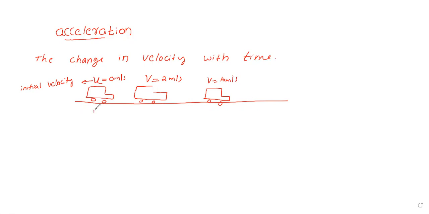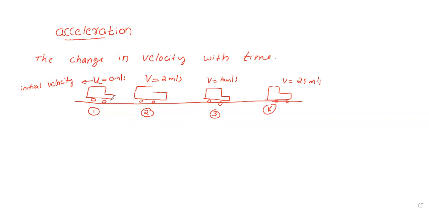So in the first case the velocity is 0, in the second case it is 2, in the third case it is 10. Now in the fourth case, suppose v is equal to 25 meter per second.